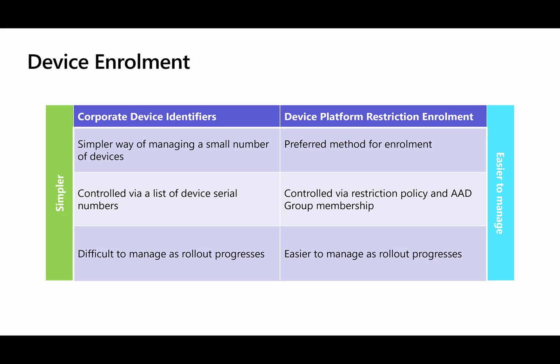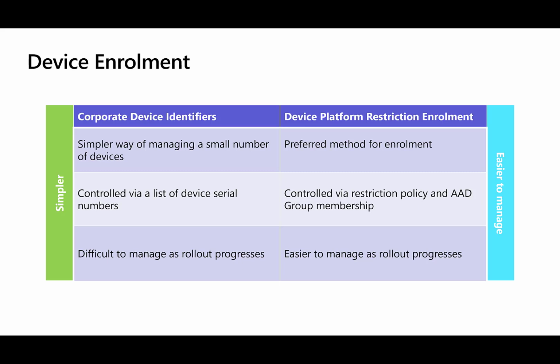Now, this is our preferred method. You control it via restriction policy and via an Azure AD group. So what we essentially say is that every user that signs into a desk phone or our meeting room accounts will be part of an Azure Active Directory group, and then we will target that group with our restriction policy.